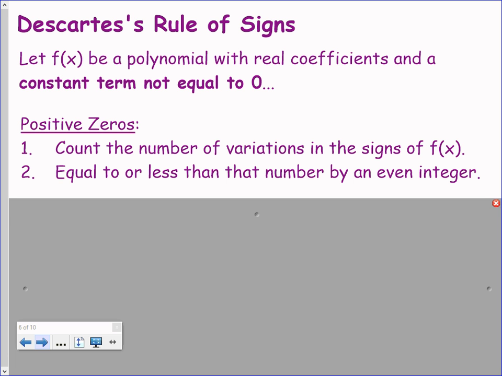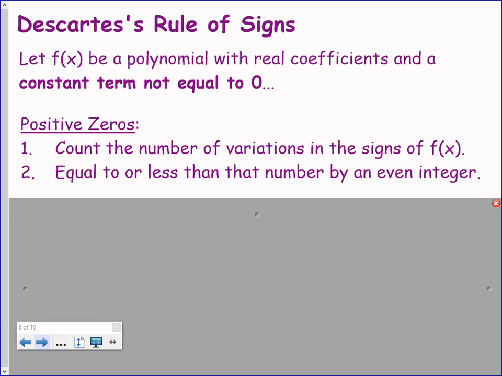I say less than that number by 2, and if you could subtract 2 again, do that. So let's say you have a long polynomial and you have 4 sign changes. Either you have 4 positive real zeros, or 2 positive real zeros, or 0 positive real zeros.